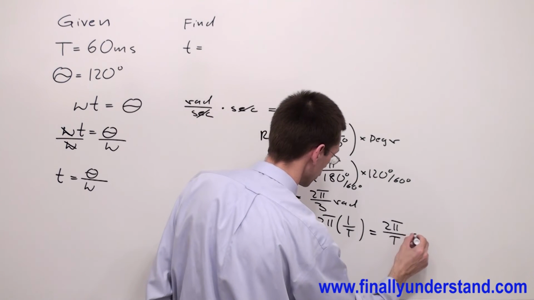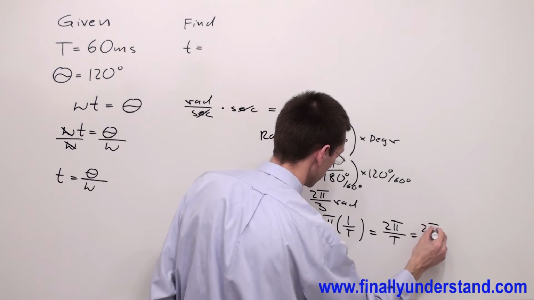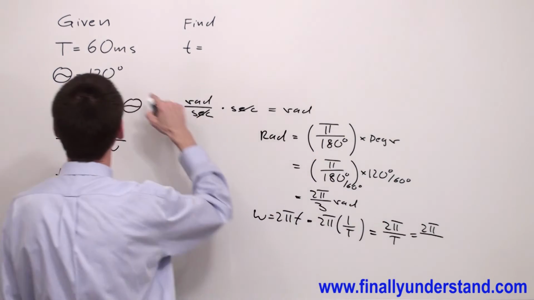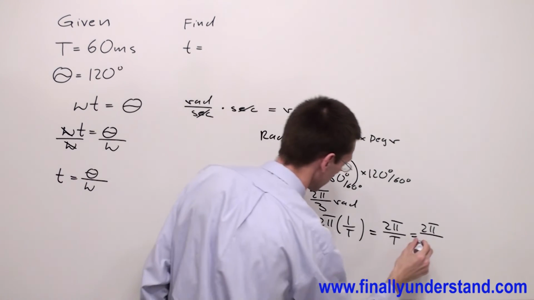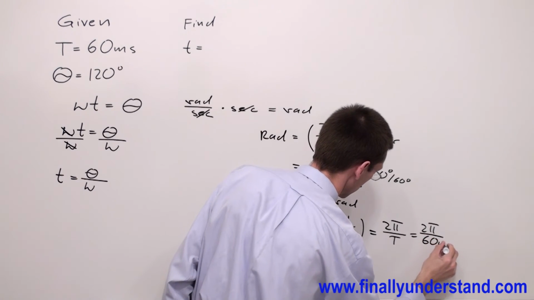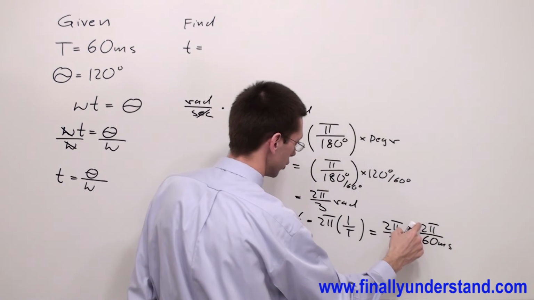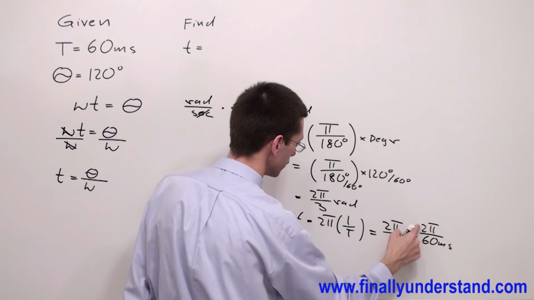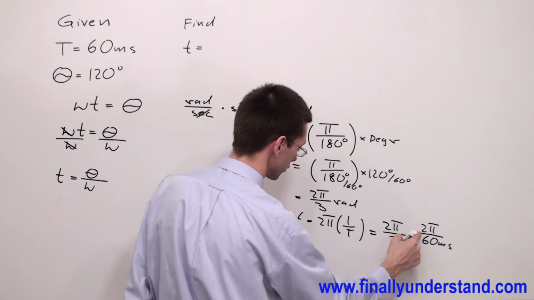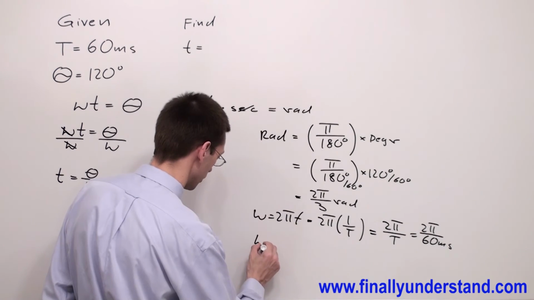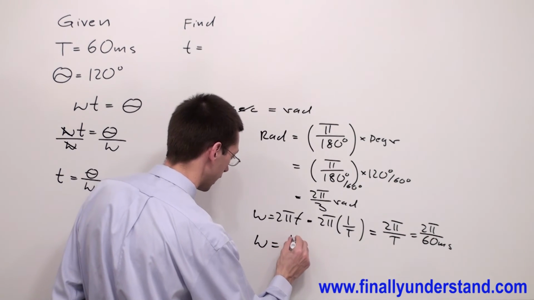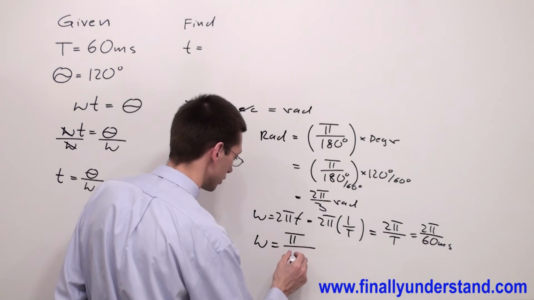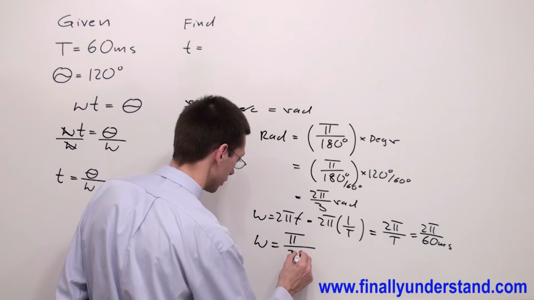In this case, this is going to be equal to 2 pi over my period, which is equal to 60 milliseconds. 2 and 60 are both divisible by 2, so I can reduce this fraction by 2. Omega is equal to pi over 30 milliseconds.